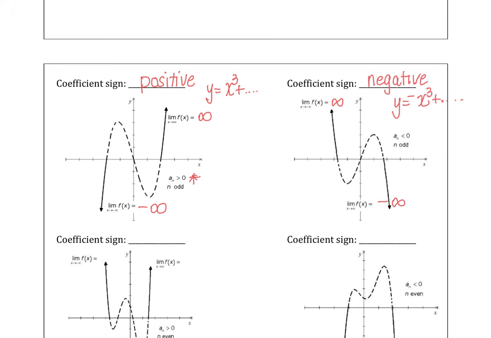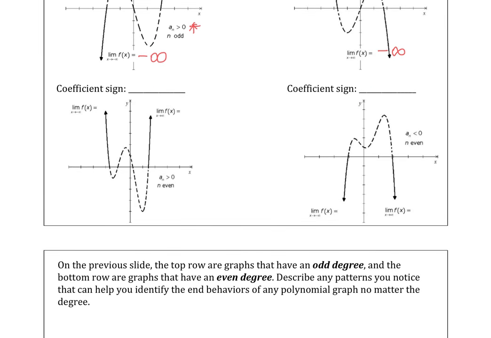On the third graph down, on the left here, we have a positive leading coefficient. Both graphs are going up on the left and up on the right. So positive and an even power, like x to the fourth. We're unbounded up in both directions as x moves right or as x moves left.